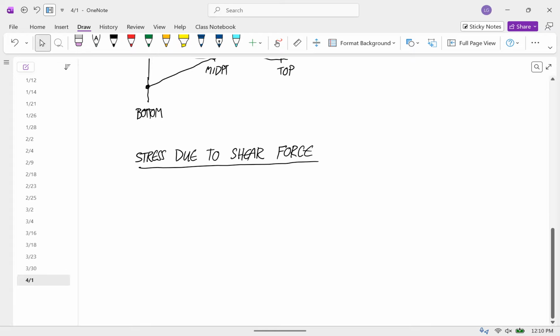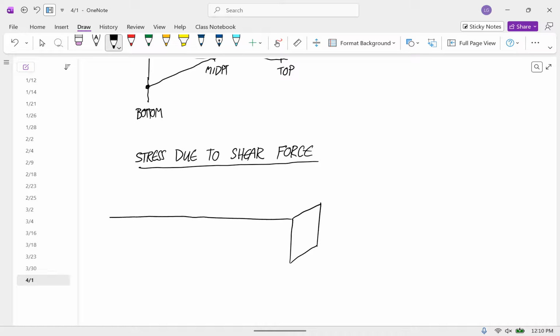So let's think about, I'm going to try to draw a semi-careful picture of a beam. And somewhere inside this beam, we're doing an internal loads calculation and calculating the stresses. So let's say that it's there.